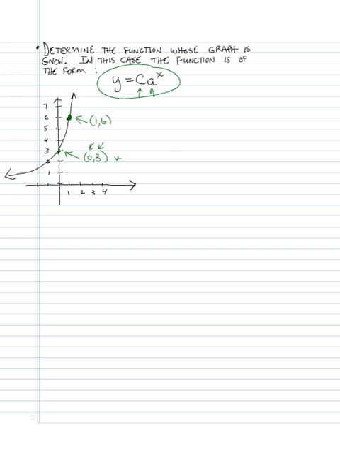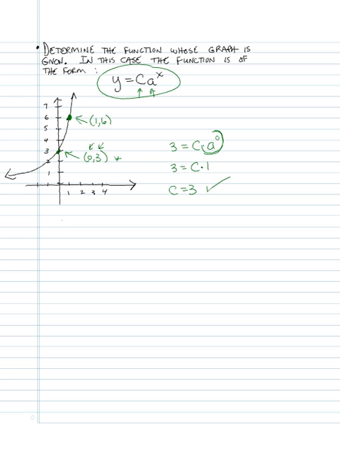If we put that y value and x value into this equation, then it's going to look like this, which we still have two unknowns. But the significant part of this is a to the 0 is nothing more than 1. So this becomes 3 is equal to c times 1, or simply c is equal to 3.